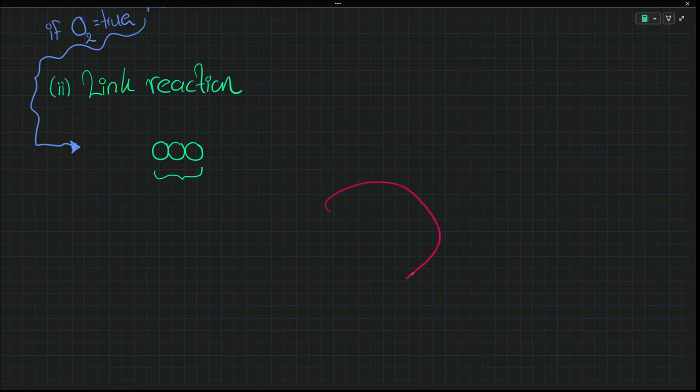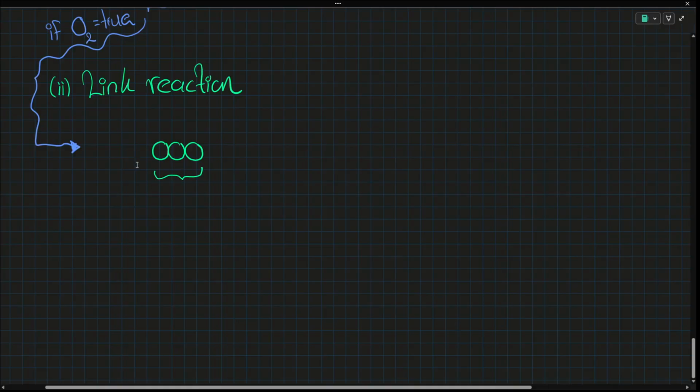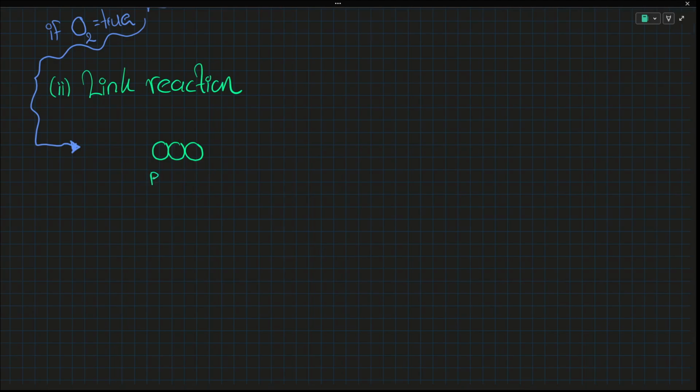Why do we call it the Krebs cycle? Because it's a recurring cycle. This pyruvate cannot enter the Krebs cycle as is. We have to convert that pyruvate into a special something for it to be able to enter the Krebs cycle. So let's see what that something is.